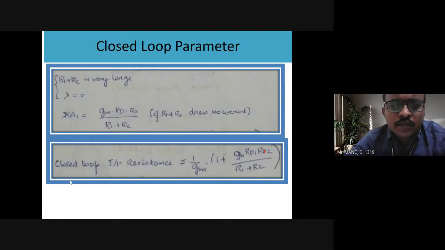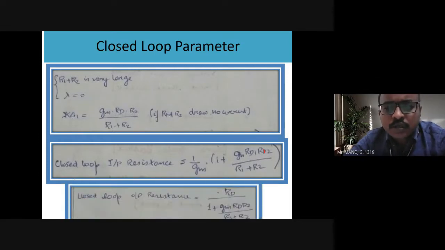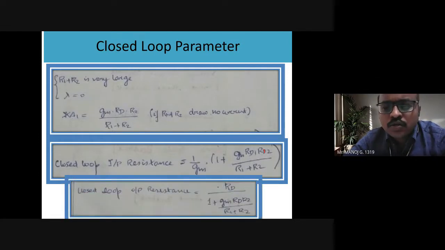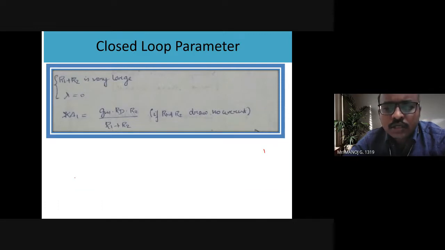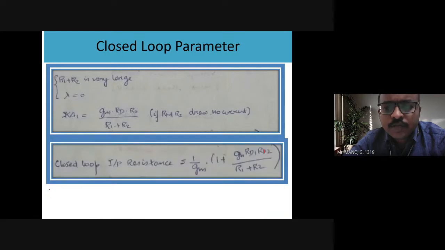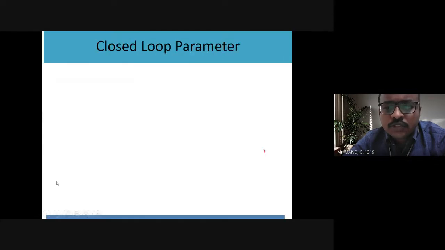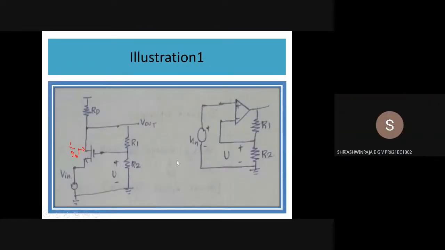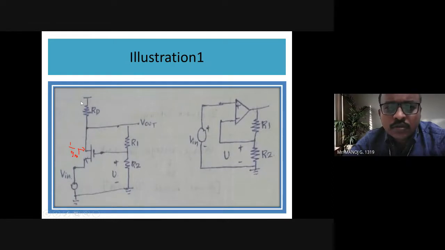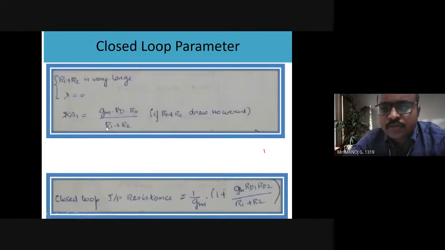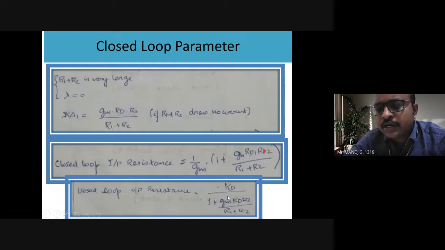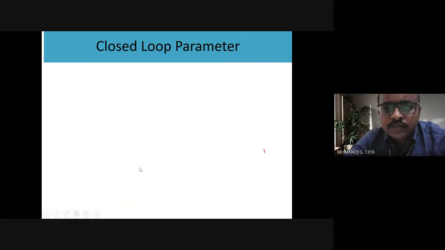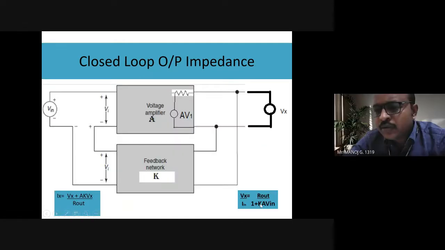Now we'll go to the next one. The last one is the output impedance. You should know what your R out is. R out is nothing but your RD. So the output impedance is RD divided by 1 plus K into A, which is already known to you.